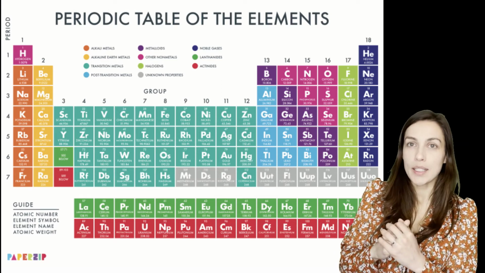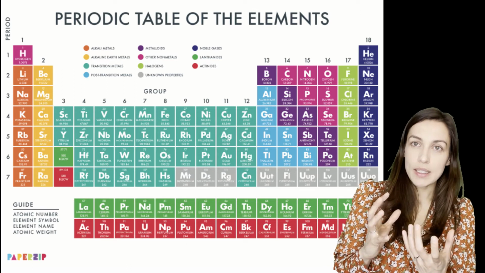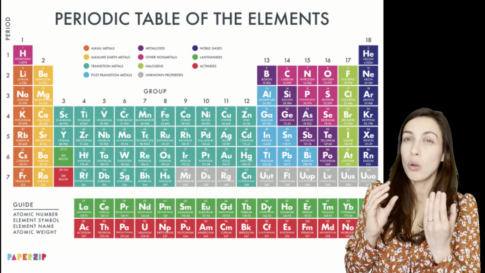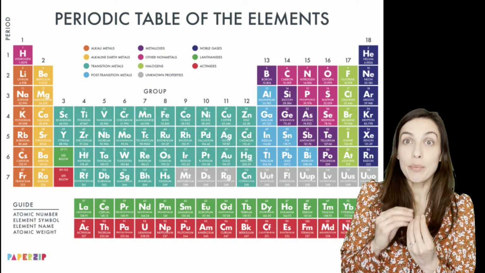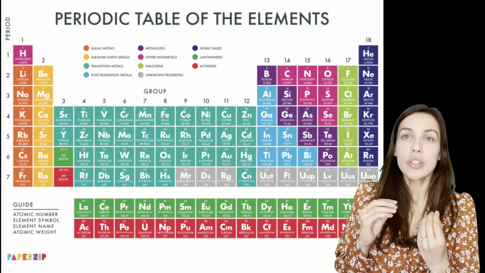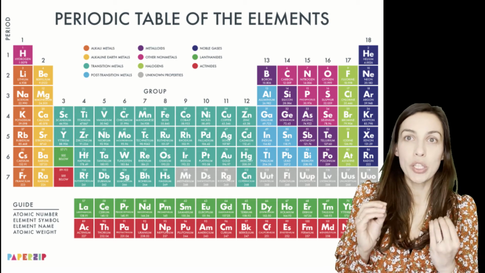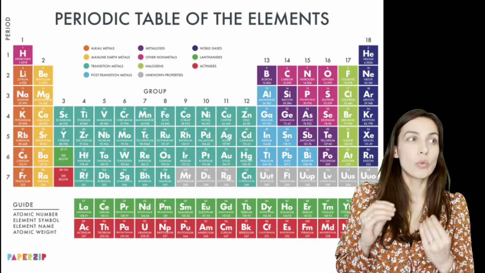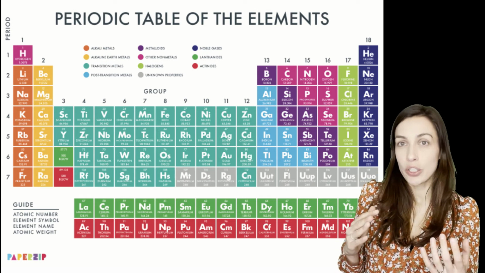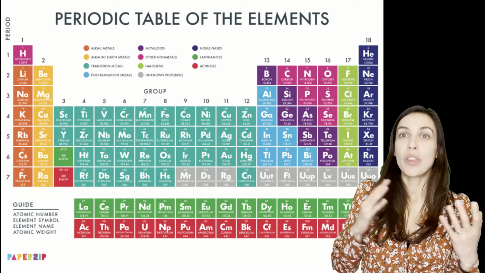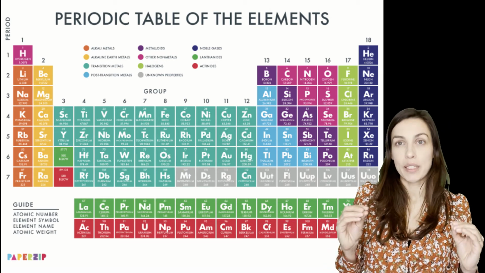And what that means is that if a substance is made up of only one kind of atom, it has particular properties. So let's say we have a pure gold ring, and that ring reflects light a certain way, it melts at a certain temperature, and it interacts with other substances in a very specific way.